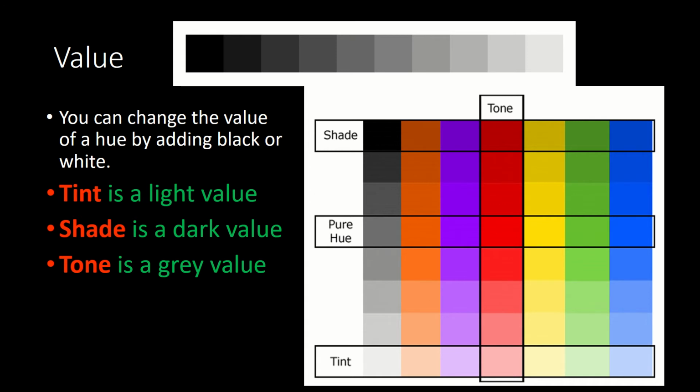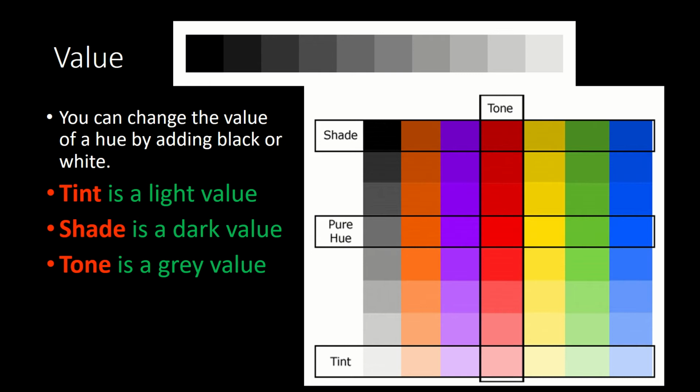Value is the difference between lightness and darkness in any work of art. Tint is when you add light or white to a color. Shade is when you add dark to a color, and tone is when you add gray.